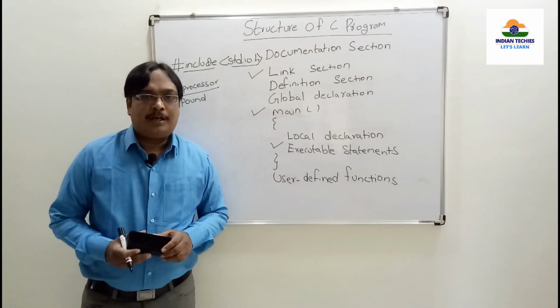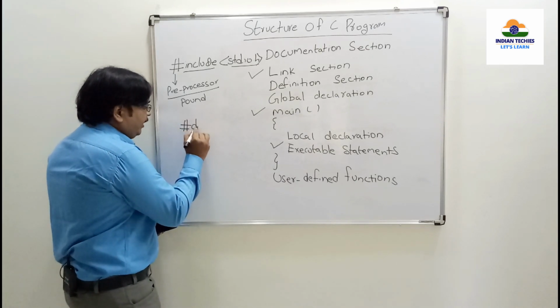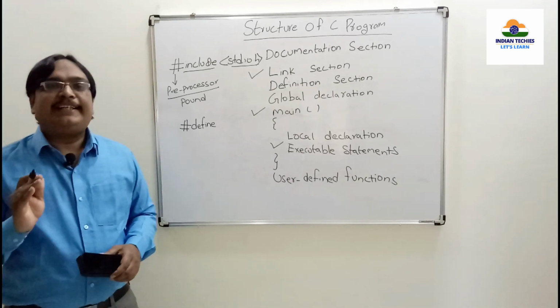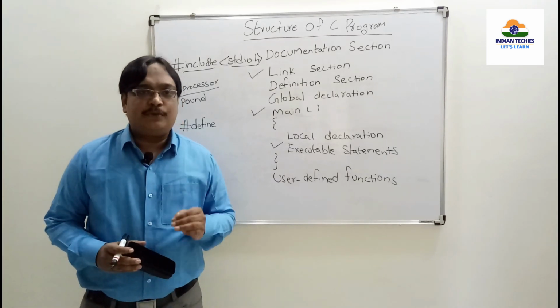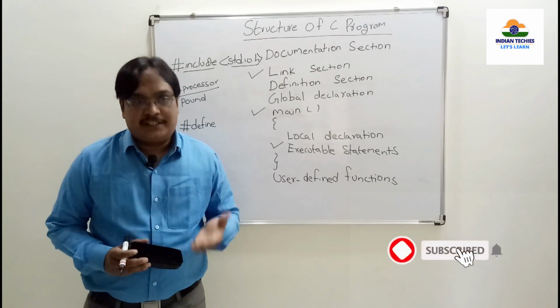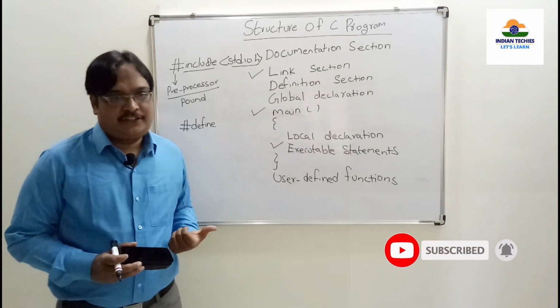The definition section also starts with the hash symbol and another word called define. Hash define. Generally we use the definition section to create defined constants in our program. So what do we mean by a defined constant?